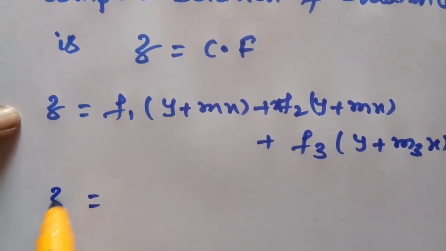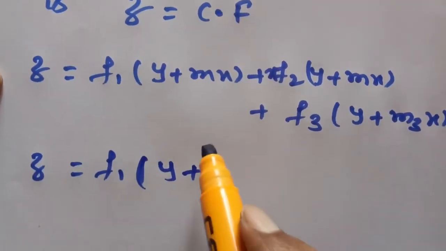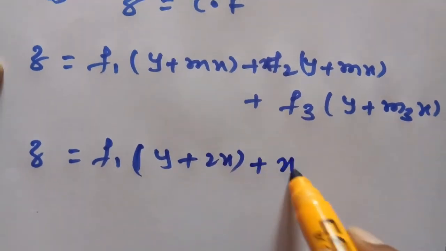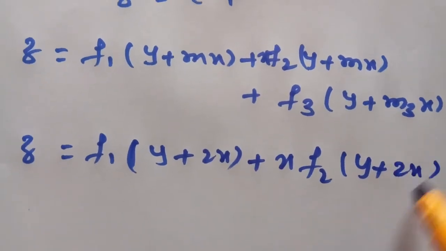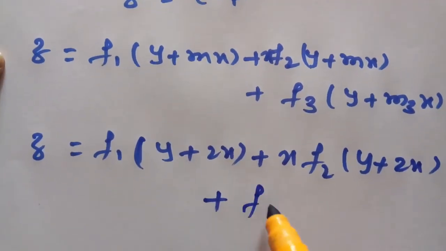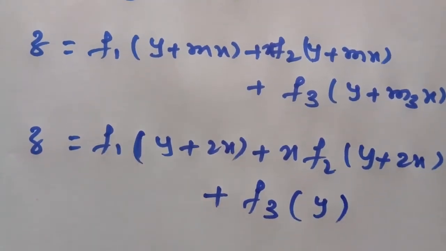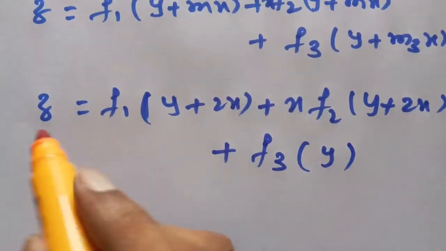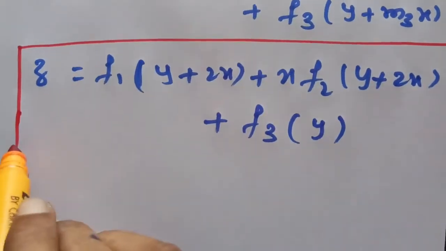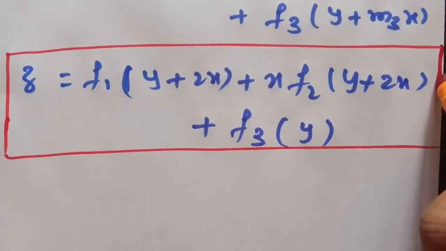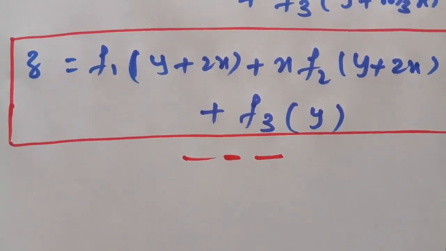Therefore, z is equal to f1 of (y plus 2x) plus x into f2 of (y plus 2x) plus f3 of (y plus 0x), that is y plus 0x is y, which is the complete integral of the given equation 1.